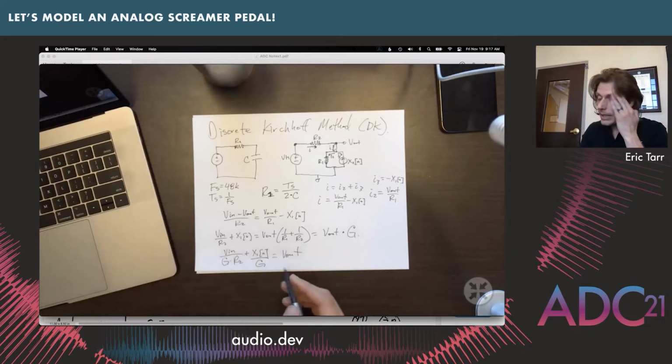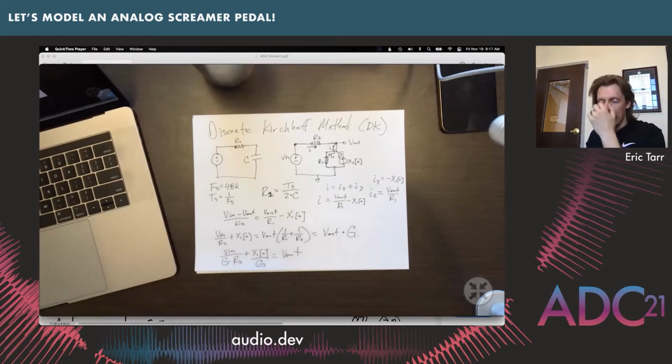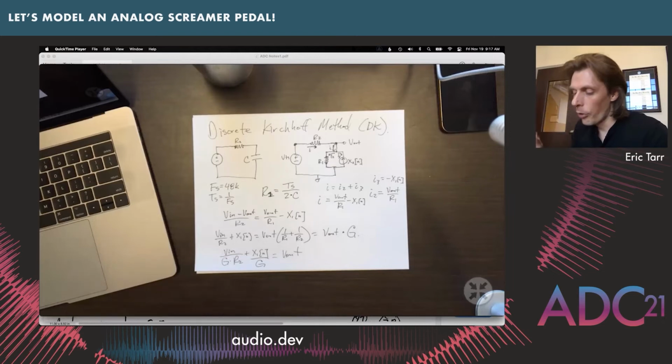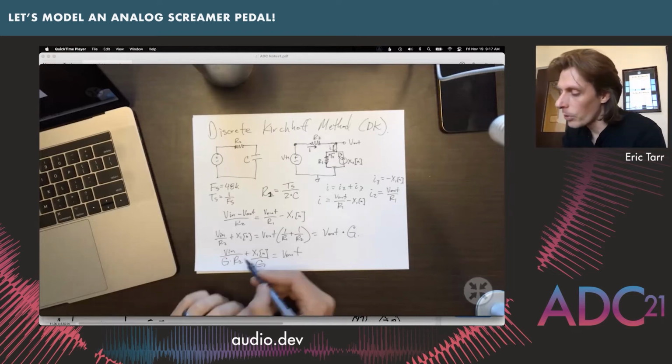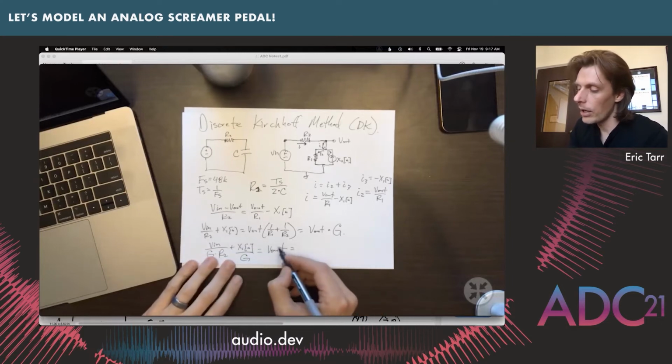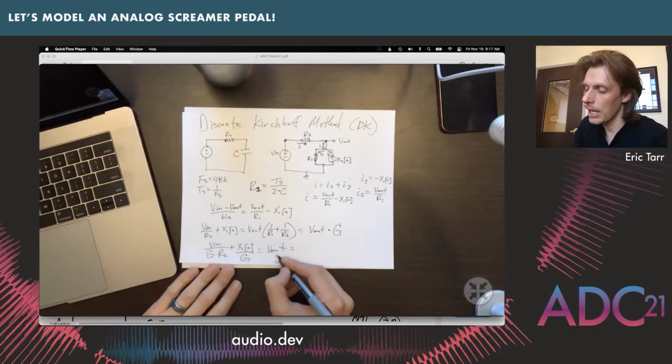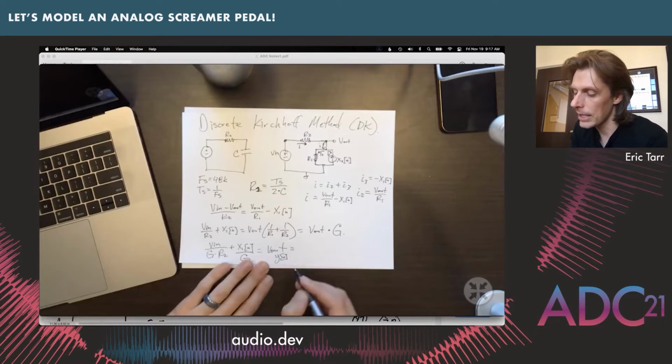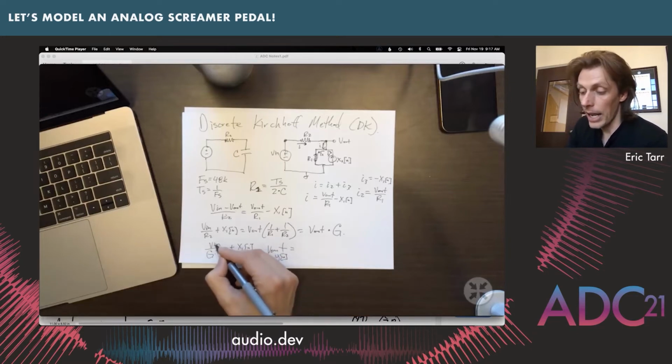Okay, so this looks hopefully more like a form of a digital filter that you're comfortable with. So maybe if I write it in this form, where we'll say V out is our Y, that's our sample we want to calculate at the current time, and V in is our X, our input.